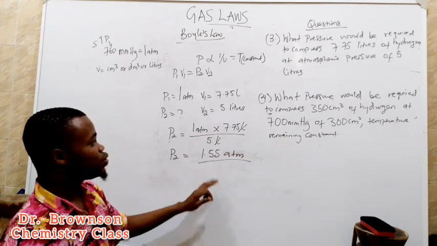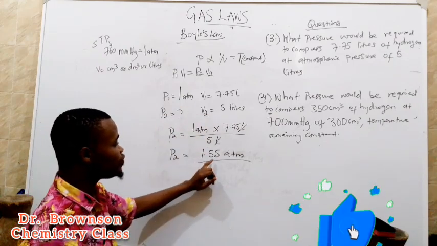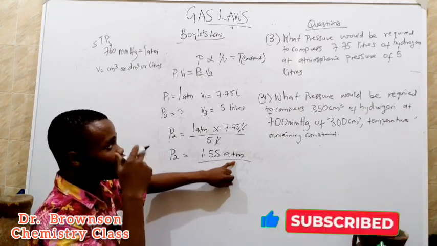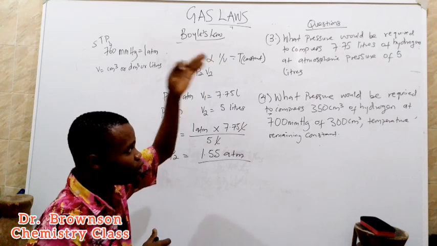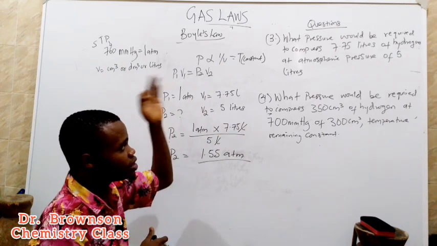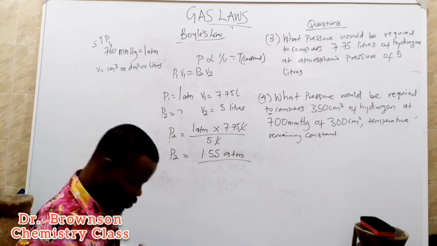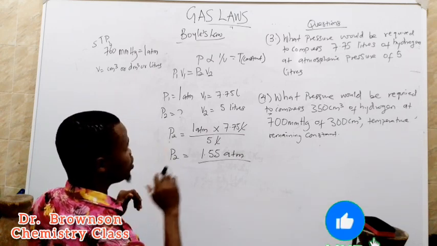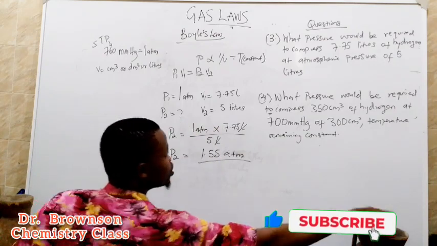Sorry for that. So the pressure that will be required is 1.55 atmosphere to compress 7.75 liters of hydrogen. Is that clear? So let's go to question number 2.